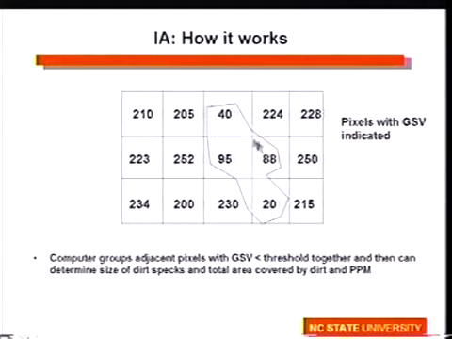So for instance, if the grayscale value threshold was 100, it would put these two pixels together as part of one piece of dirt, and then it will also connect that one and that one later on. So it scans down and looks for adjacent pixels that are less than the threshold grayscale value, puts them together, and tabulates it as a dirt speck or ink speck.